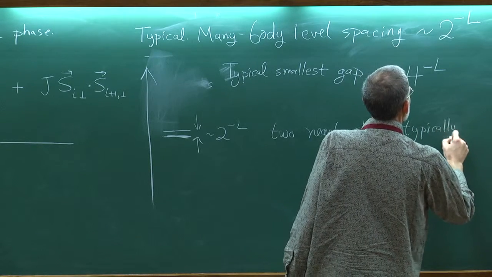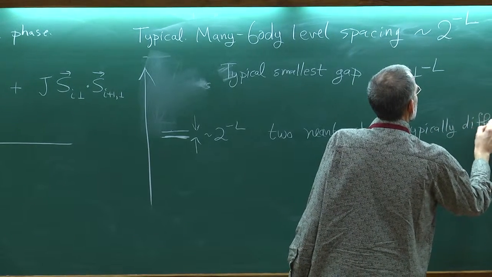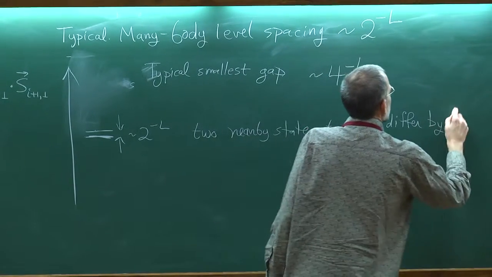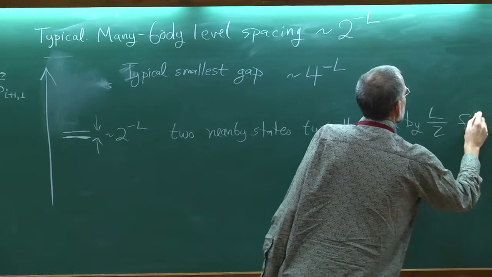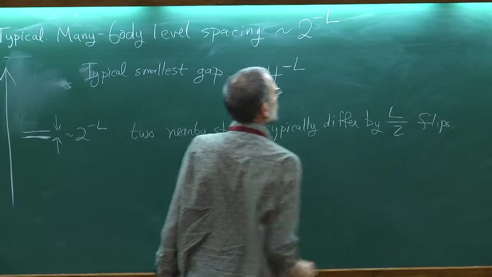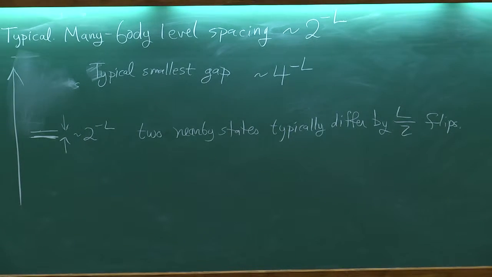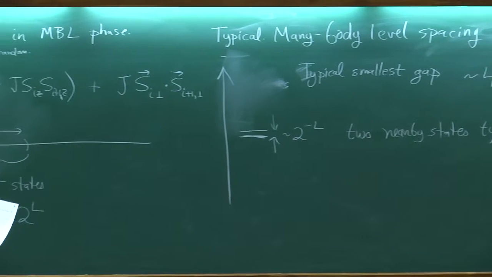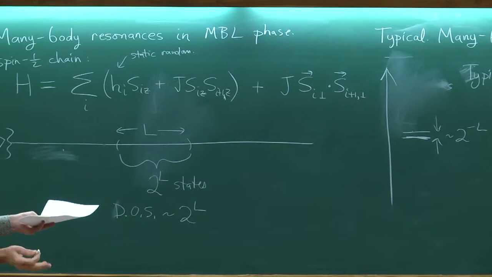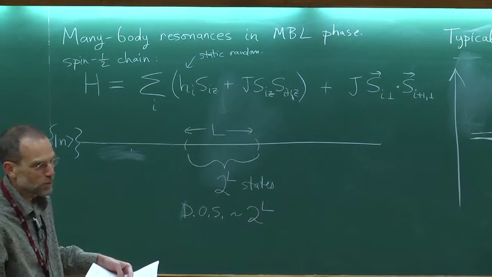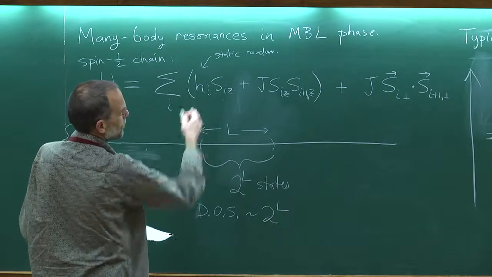Such states typically differ by L over 2 flips. I have L spins, and I'm just picking 2 random states which happen to be nearby in energy, so they're going to differ by of order L over 2 spin flips. Half the spins will be the same, half the spins will be different, because they're just 2-state spins.